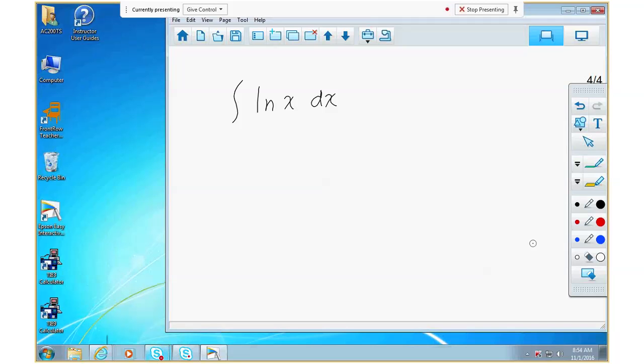All right, so which one's you? Natural log of x, Hubert. That's right. Which one's dv? dx. All right. So, what is the antiderivative of natural log? 1 over x dx.